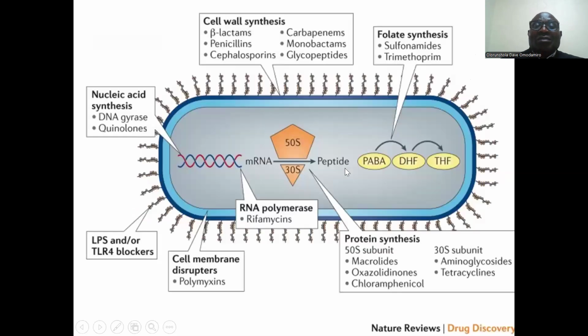In today's lecture, we continue our lecture on antibiotics. In the previous lecture, we discussed the mechanism of action of various antibiotics.